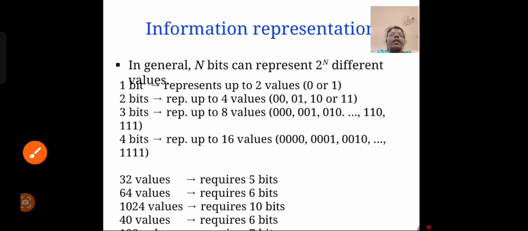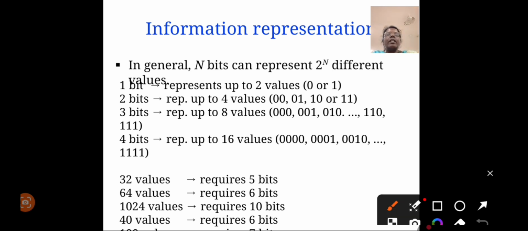Okay, now consider information representation in general, and how we can use the number of bits. Suppose we are going to use n bits. Those n bits can represent 2 power n different values.